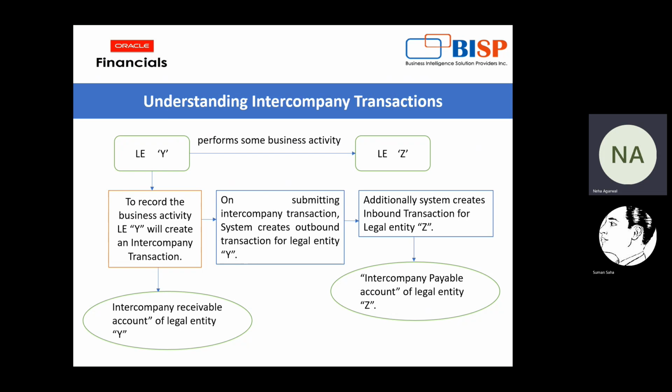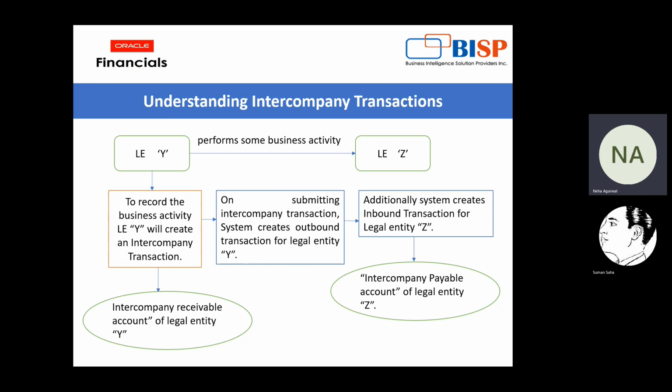Say Y is providing business value to legal entity Z. In this case, Y will be receiving some monetary value back in future from legal entity Z. To make this reflected in accounting, the value which is going to be received in future by legal entity Y is parked in the intercompany receivable accounts of legal entity Y, and legal entity Z is getting business value from legal entity Y, so it's a liability for legal entity Z. To make this reflect in accounting, an offset of liability is parked in the intercompany payable account of legal entity Z. So how will the transaction be performed?